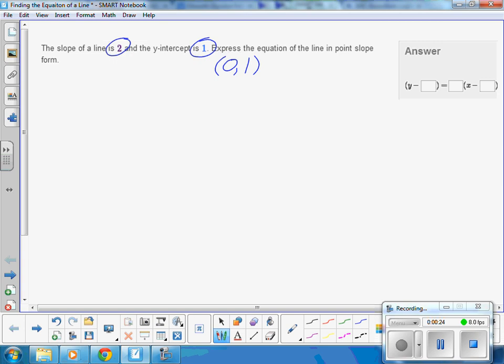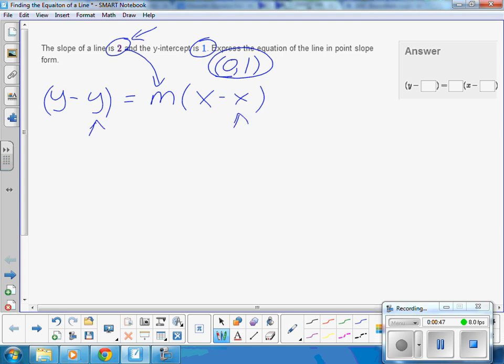So you also need to remember the form that's over there in the answer: y minus y1 is equal to m times x minus x1. I have my slope, which is my m, and I have an ordered pair, which is my y and my x.